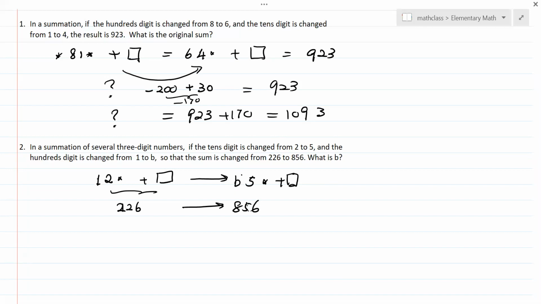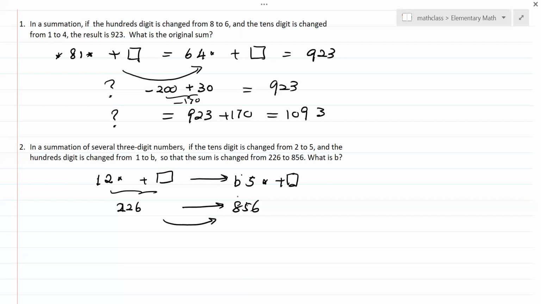So the question is, how much is changed? Clearly, when doing this process, what is increased and what is decreased? I definitely have to increase the number, otherwise the sum is not going to increase. From here to here, you will have to figure out the increased part.